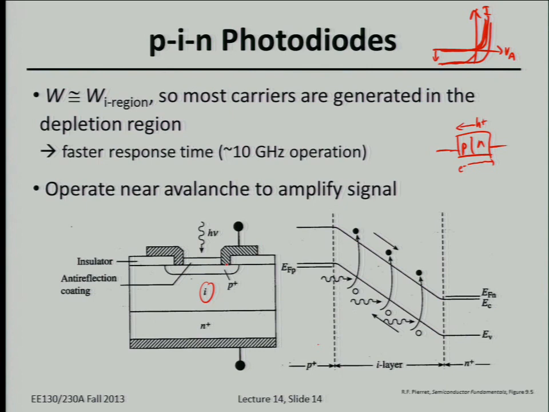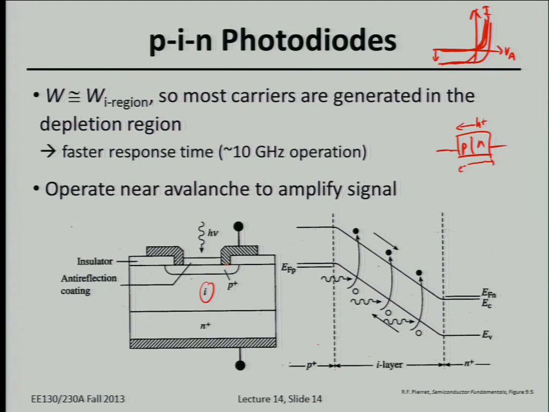But the depletion region is enhanced by that intrinsic region. This means you're dropping the same voltage over a longer distance. So the electric field is going to be lower, but the region where you have an electric field is going to be larger.